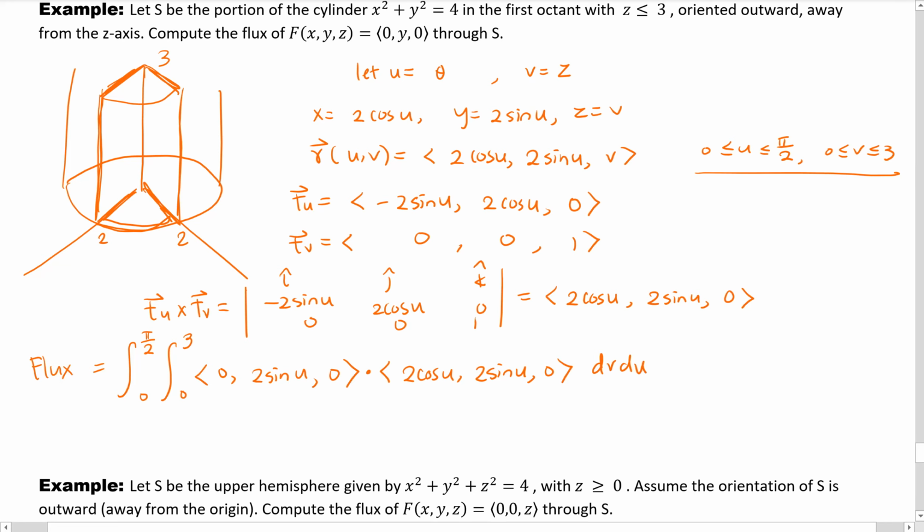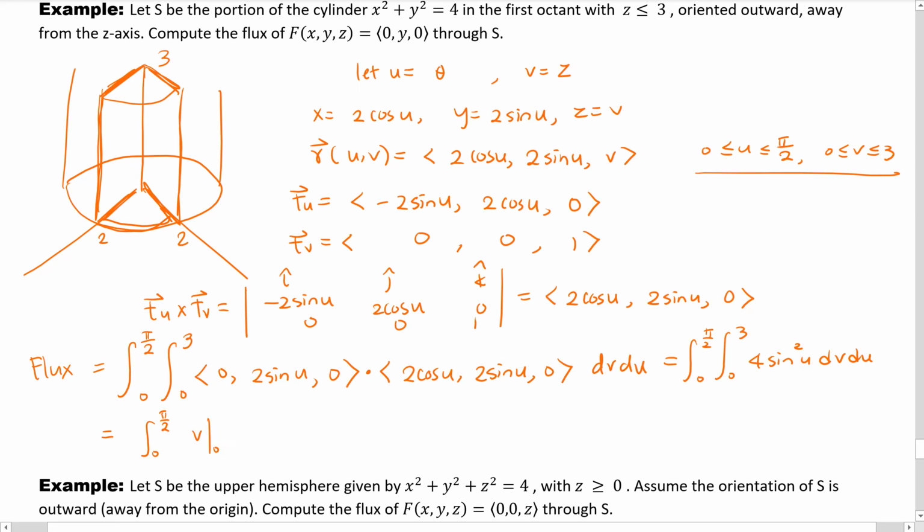That product: 0 times 2 cosine u is 0, 2 sine u times 2 sine u is 4 sine squared u, and 0 times 0 is 0. Because the integrand has no v, we just get v.